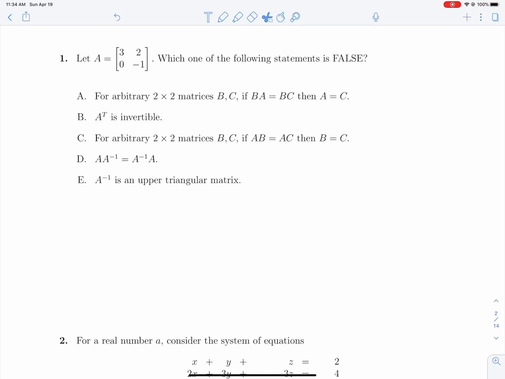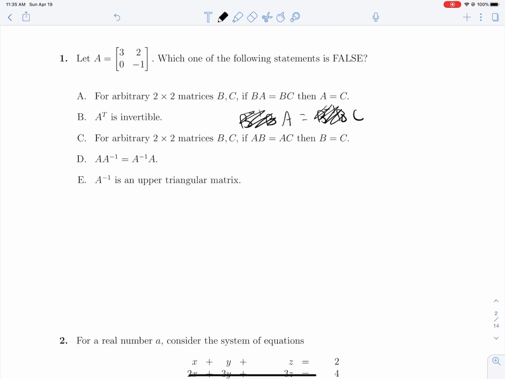For arbitrary 2 by 2 matrices B and C, BA equals BC, then A must equal C. So this is only true if there is some B inverse such that we can say B inverse times B times A is equal to B inverse times B times C, because both of these B inverse B's will cancel out to the identity matrix and we'll have A equals C. But because B and C are arbitrary, we cannot say that they are invertible.